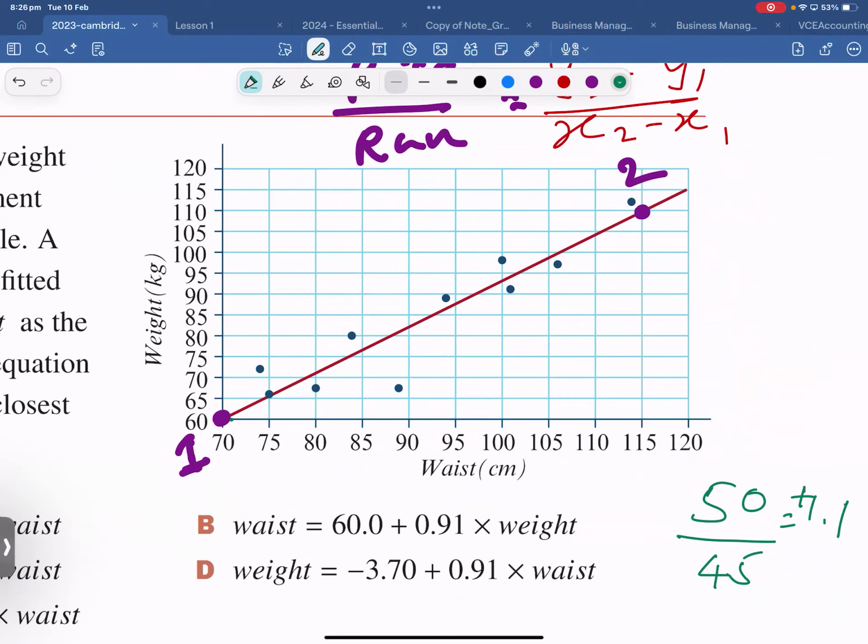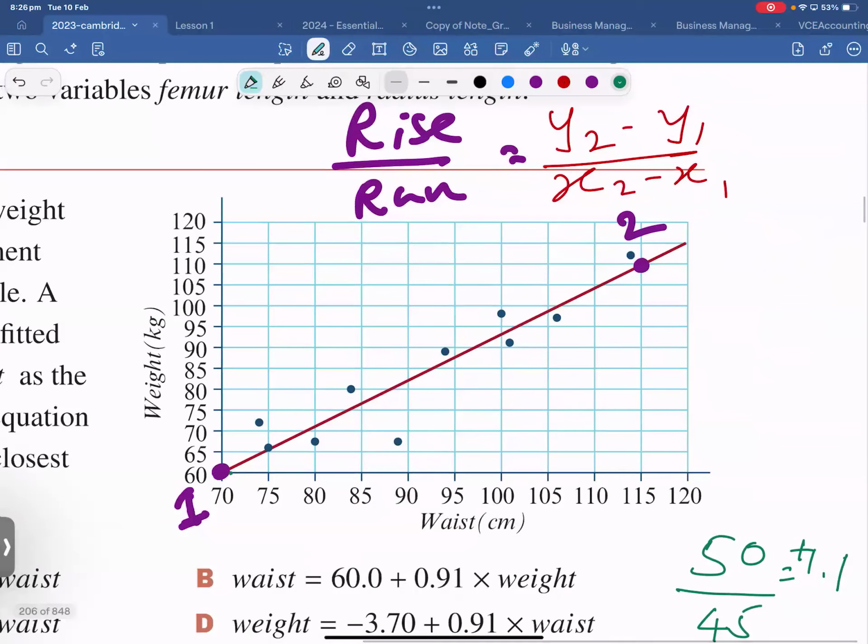I got 0.9. No, that's wrong. I'm getting 1.1. My change in the Y is 50. Change in X is 45. What did you get, Mom? 1.1. Okay, what did you get for the slope? I can't hear you. Can you please type?